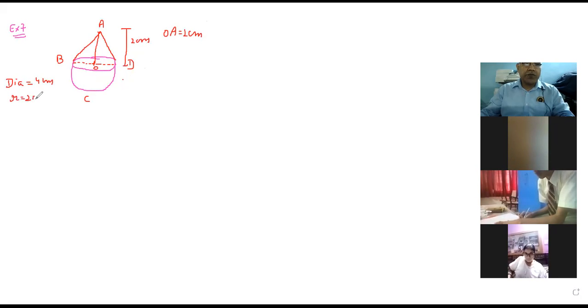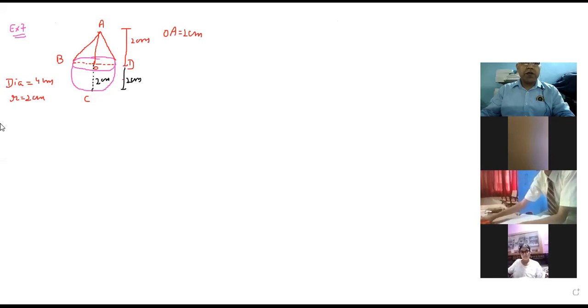So radius is 2 centimeters. So that means this portion is 2 centimeters. So that means the total height of the toy is 2 plus 2, 4 centimeters. From top to bottom, this is 4.